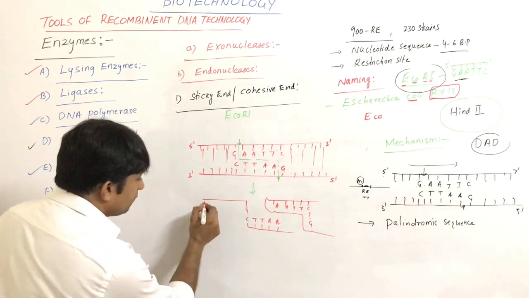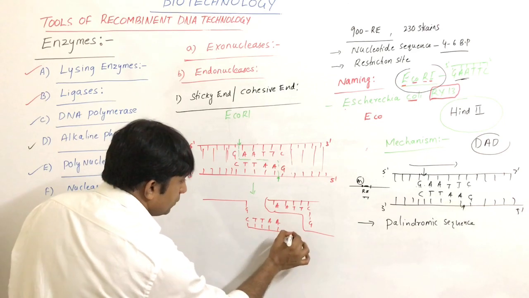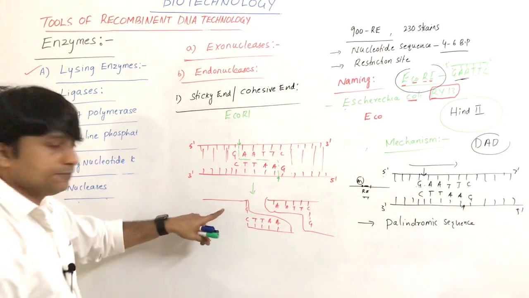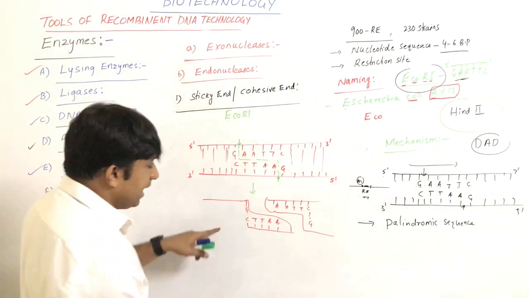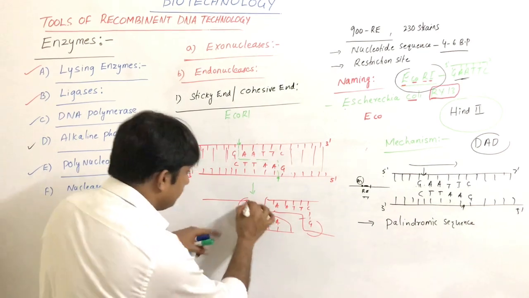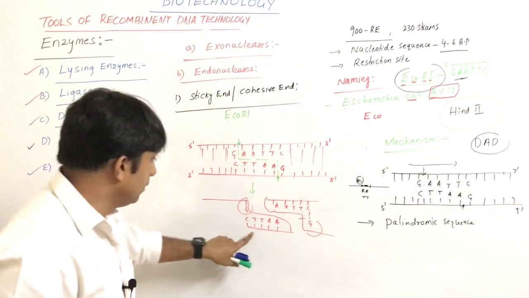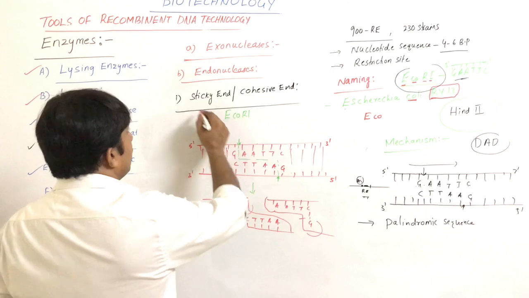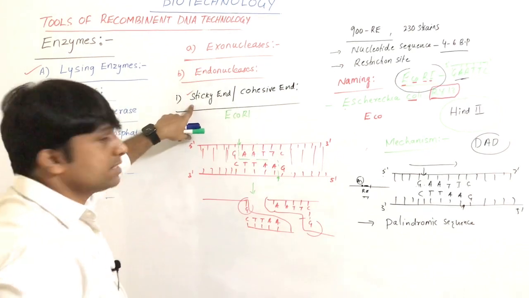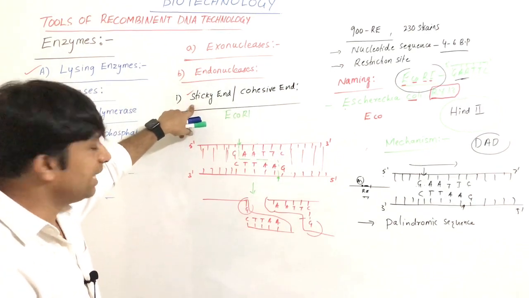So this DNA is finally cut into fragments like this. Because they have overhangs, these are called sticky ends. This is called sticky end cut.